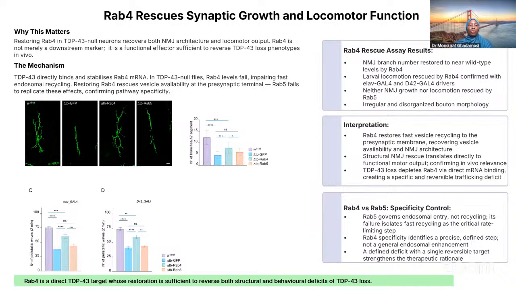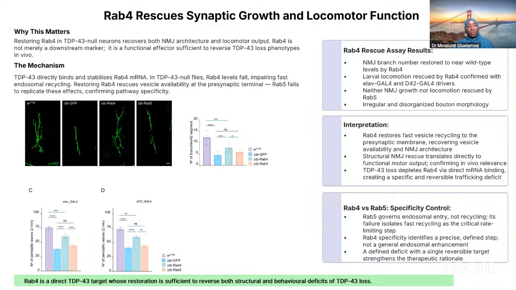So we needed to know if this action of recovery that we're seeing with TDP43 is specific to RAB4, or if RAB5 could also do that. But based on the result, RAB5 was not able to recover motility or the synaptic architecture either.